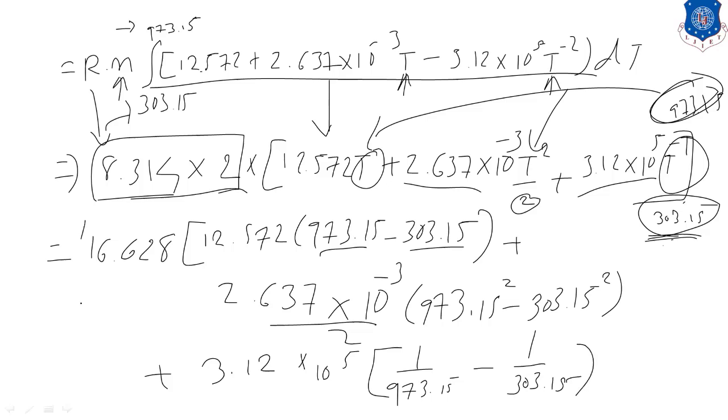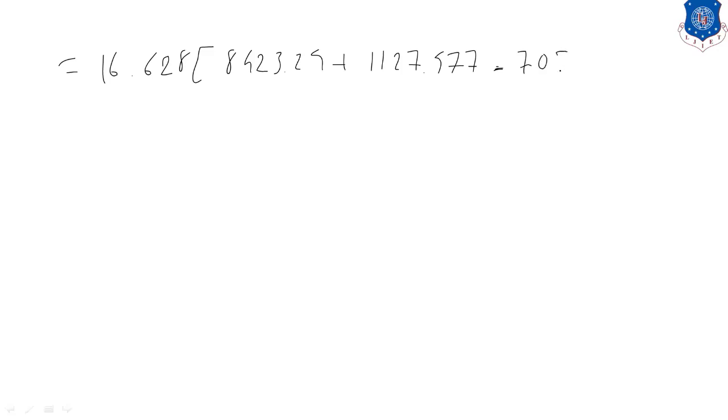Now calculating this whole term, we will get 16.628 as it is, 8423.24 plus 1127.477 minus 708.5851.